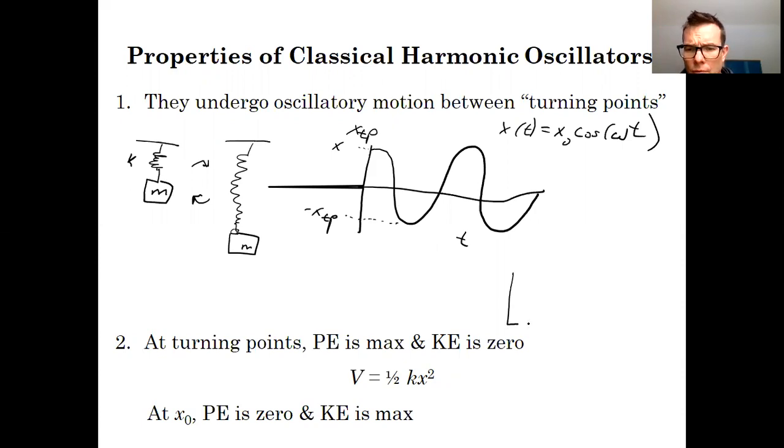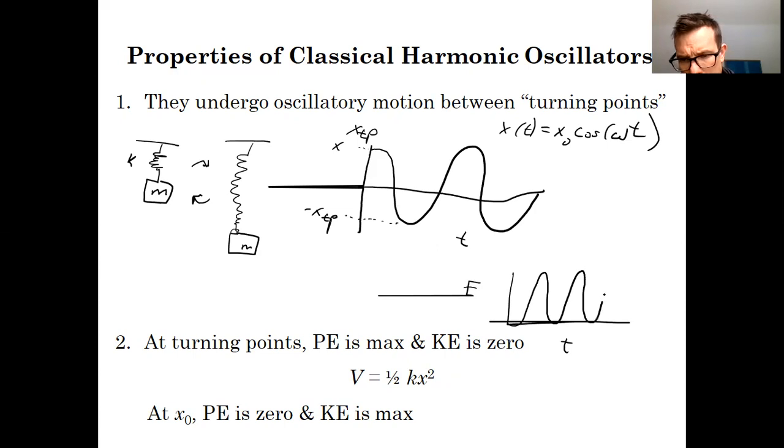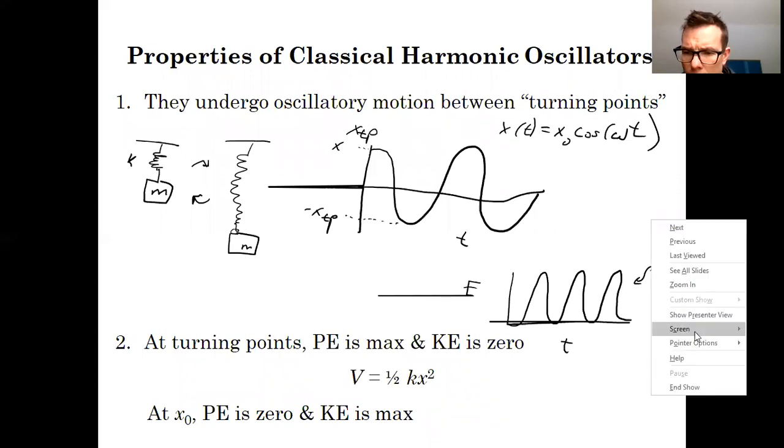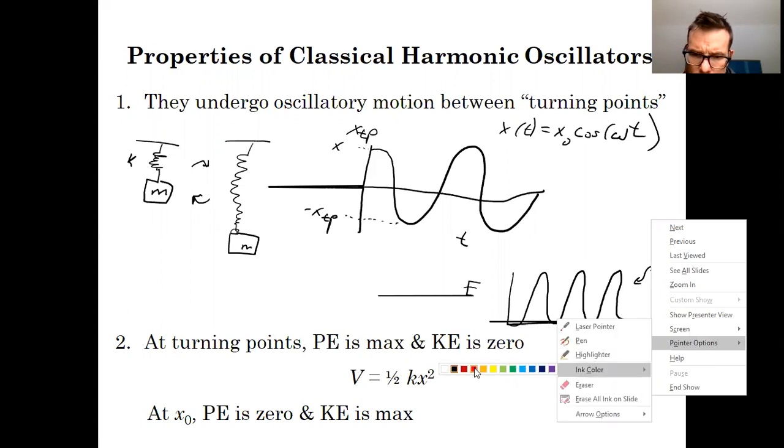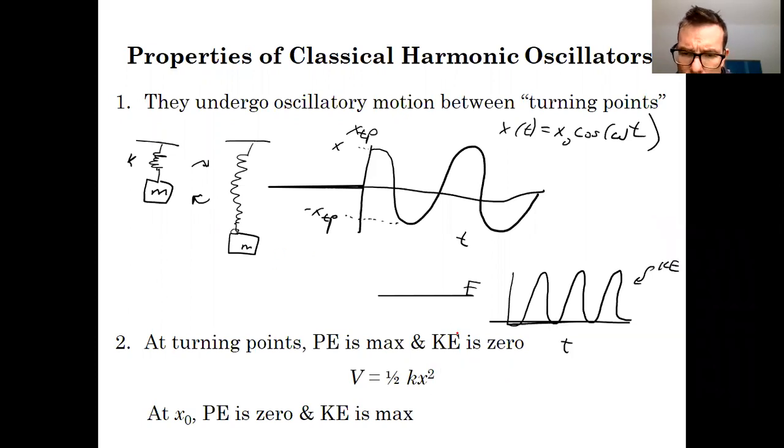So you can plot here energy versus time. You get some kinetic energy function, which looks like this. You get some potential energy function, which looks like this.